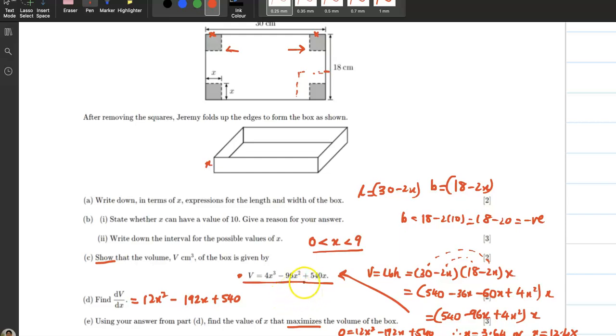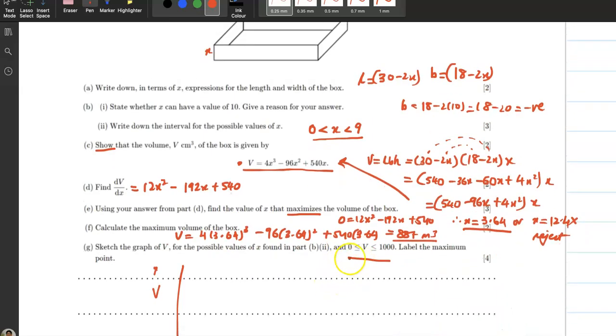Now listen, your view window. 0 to 9, because the minimum x value is 0 and the maximum value is 9. For volume they have given 0 to 1000. So Y minimum 0, Y maximum 1000.